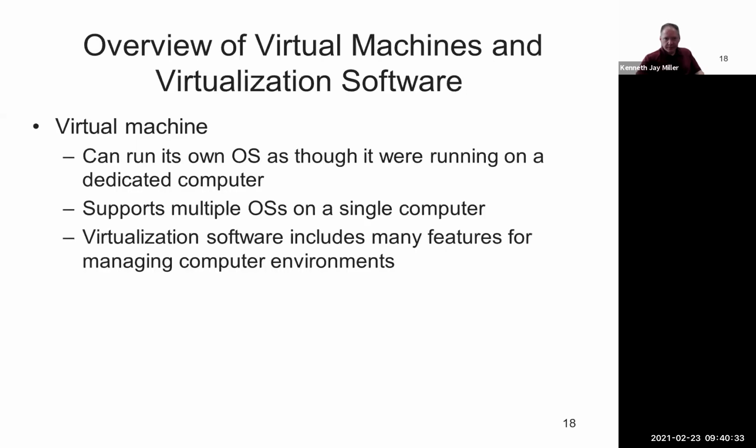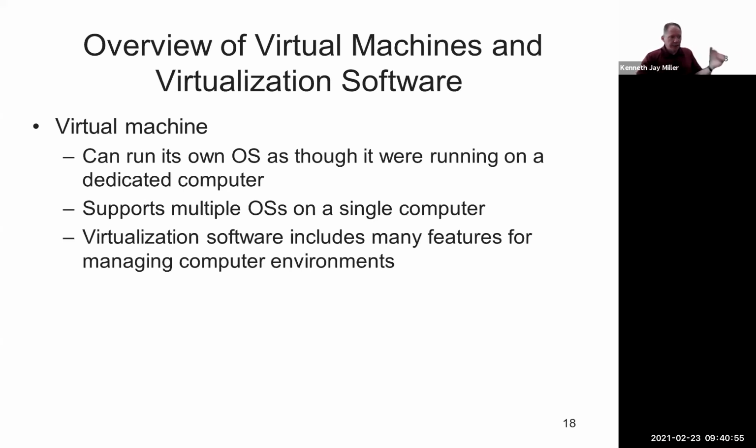Okay, very good. Now just some terms, the VM or the virtual machine can run just about any operating system. Now we're going to look in another lecture at some of the details on different systems.